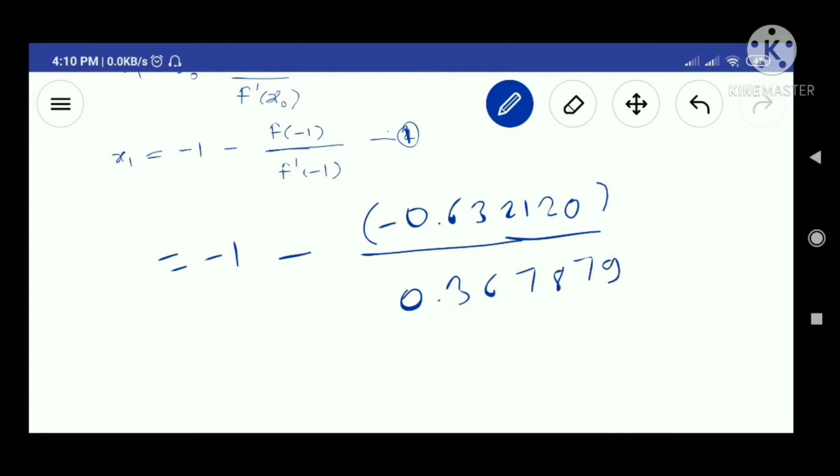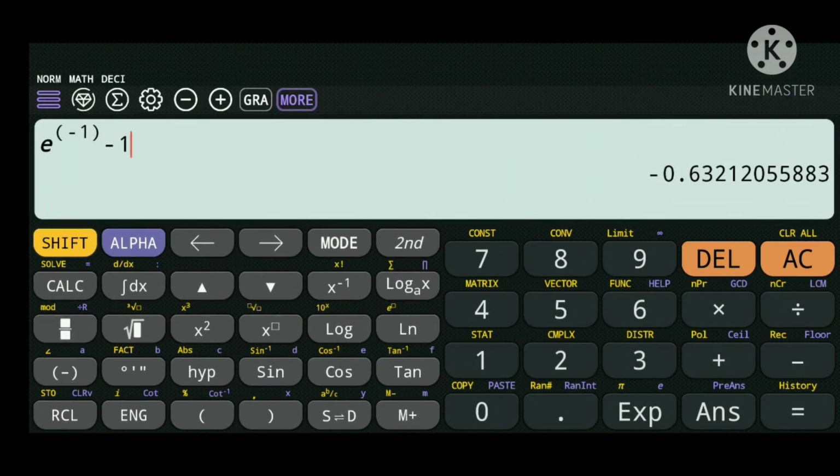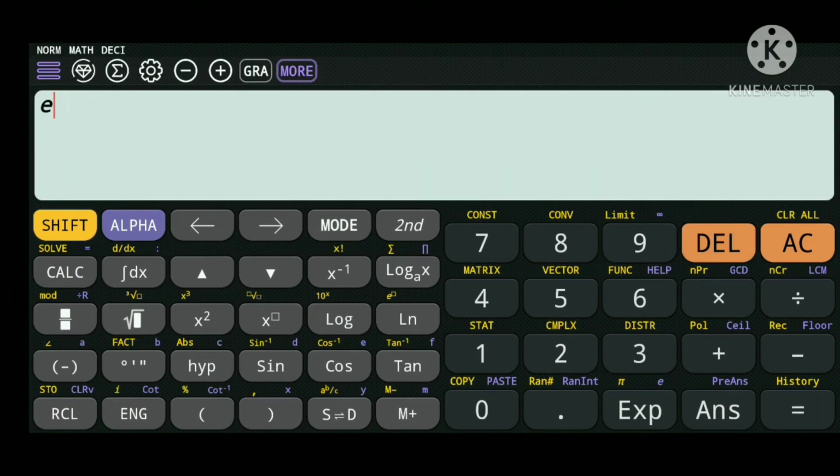Now again use the calculator and calculate this value. See, this minus sign and this minus sign, minus minus will become plus. So minus 1 plus 0.632120 divided by 0.367879. Now use the calculator and find out that value.